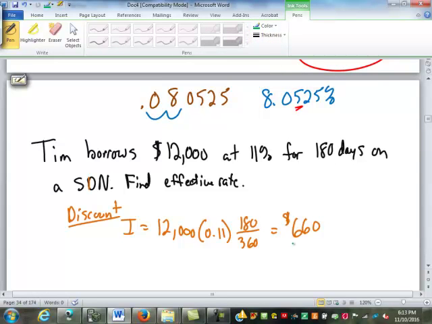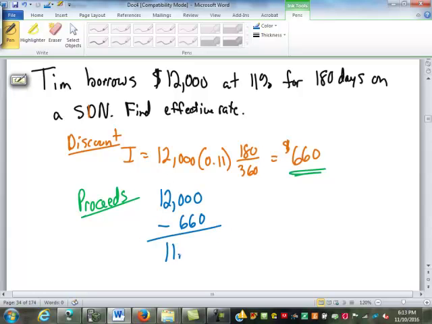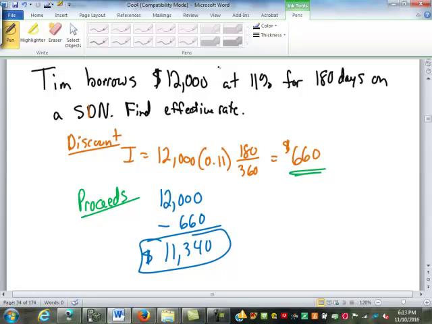Okay, so that's our discount. How do we find our proceeds? Here, 12,000. We subtract our discount of 660. 11,340 is our proceeds. Any questions so far?